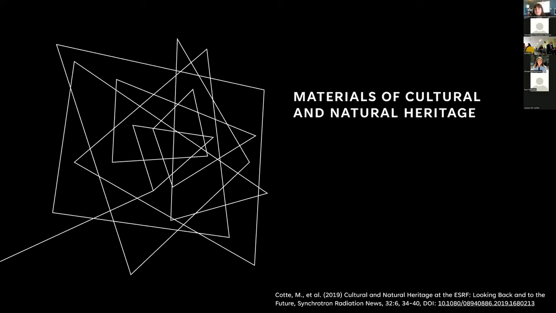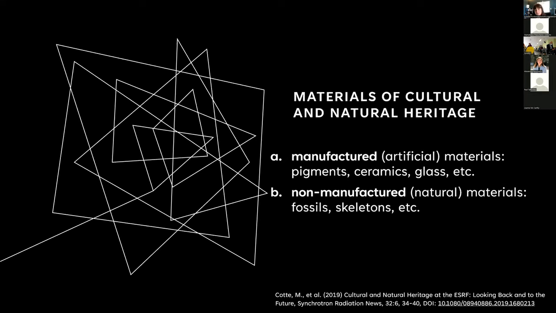The materials of interest for the researchers in the broad spectrum of cultural heritage can be divided into two categories: the manufactured or artificial materials, and the natural or non-manufactured materials.